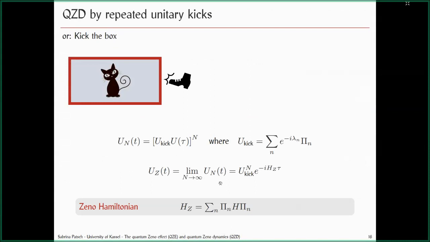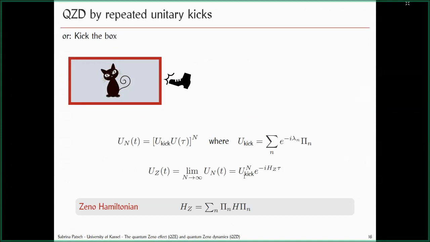The limit of that is here again a time evolution operator with the Zeno Hamiltonian, and now the Zeno Hamiltonian is not just one projector, but it's all the eigenvalues of the unitary kick operator. And then we have another contribution, which is n times applied the kick operator. So it looks very similar. We have some evolution which is confined to the Zeno subspace, and then some phases.